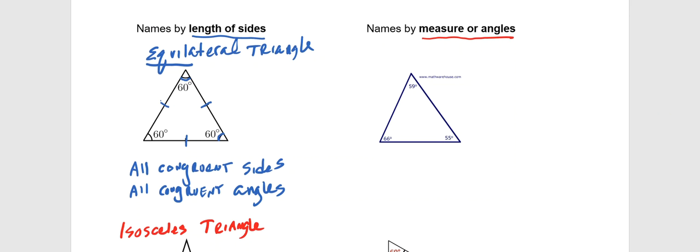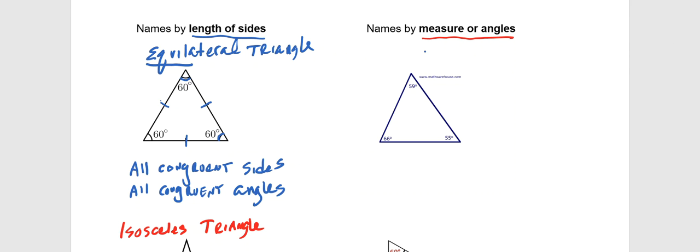The other way we can obviously look at triangles is based on their angle measures, okay? So we already know how to describe angles. Less than 90 degrees is acute, greater than 90 degrees, less than 180 is obtuse, and exactly 90 degrees is a right angle.